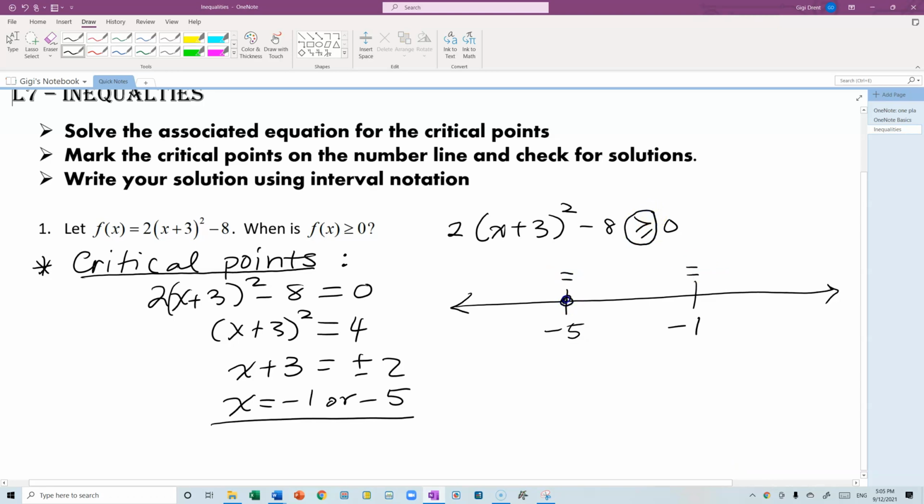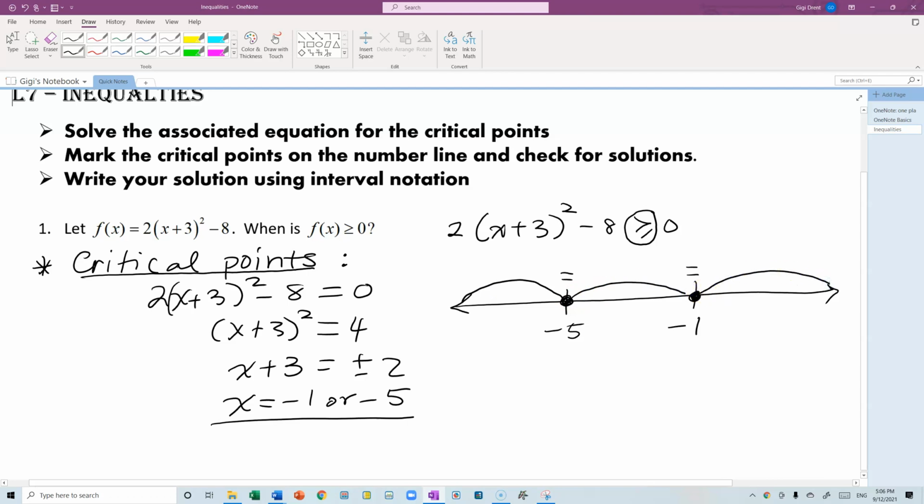So yes, we will include these points. Okay, and then the question next is, when is it also greater than? Now that you know at negative 5 and negative 1, the left-hand side is equal to the right-hand side, where else would this happen? Well, you have three intervals, here, here, or here.